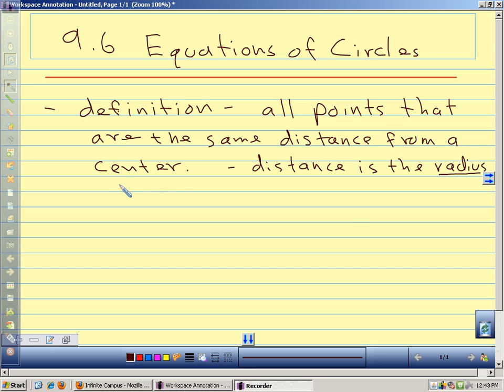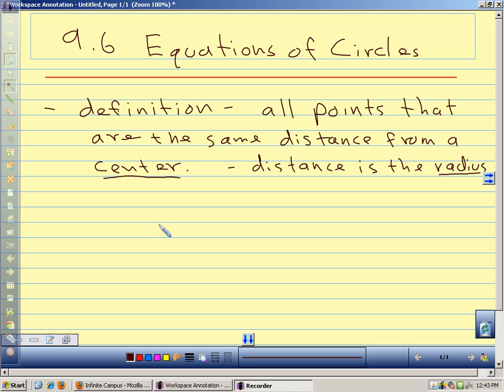So our center and our radius are kind of our two main things for circles. And with our math boxes, we did one problem with the distance formula. The way that we come up with the equation of a circle actually comes from the distance formula. So we would use the distance formula to write our equation.